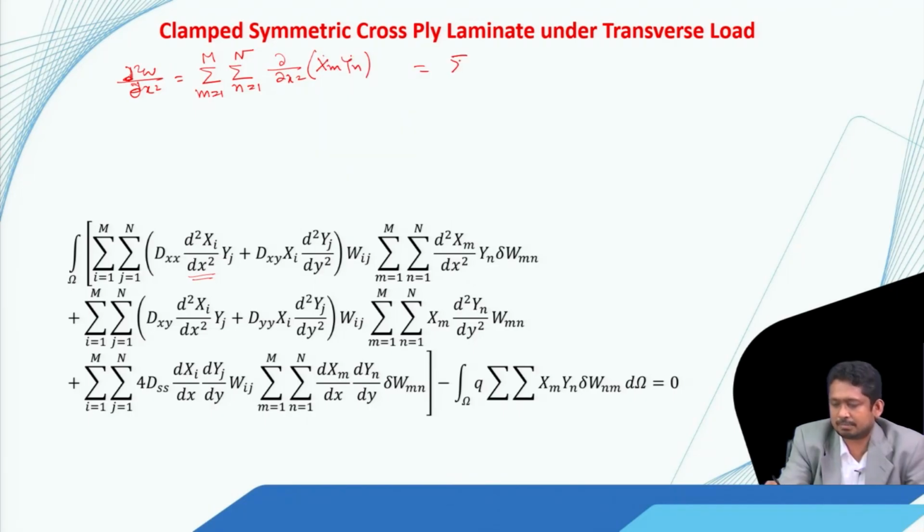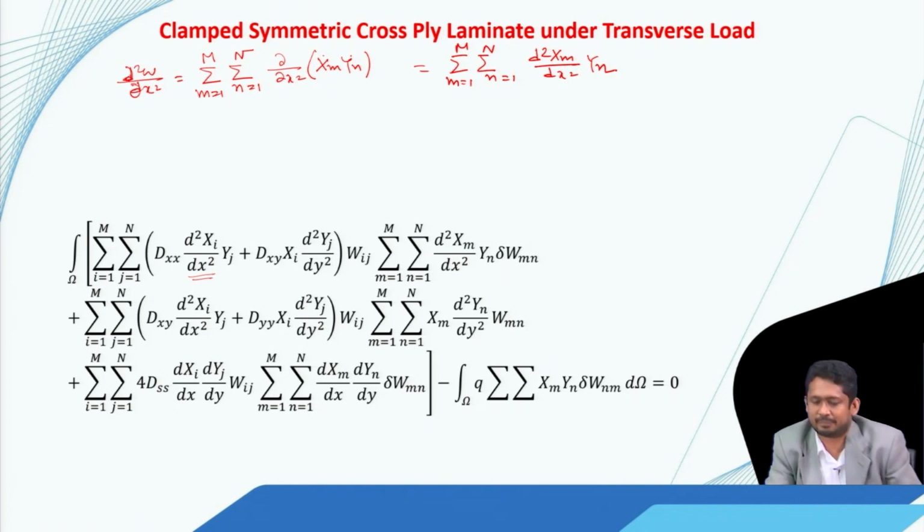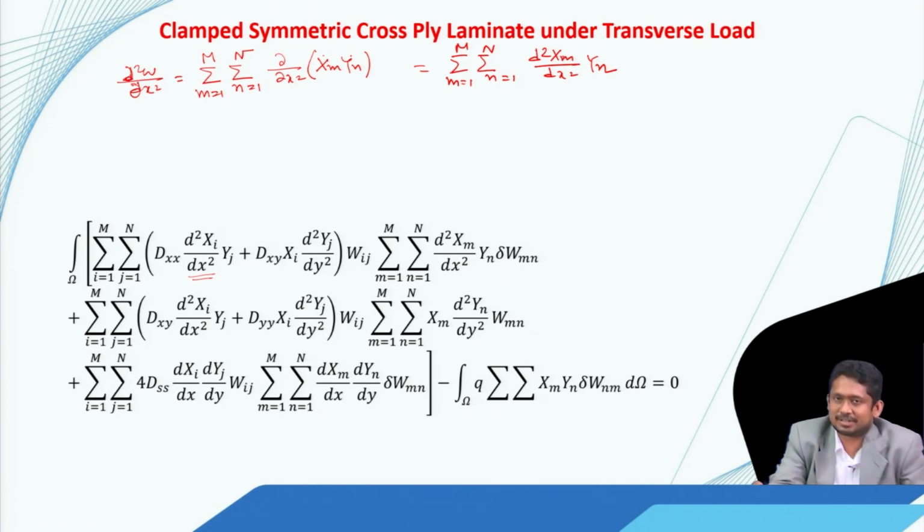So, we write summation n equal to 1 to N, m equal to 1 to M, then we have d 2 X m by d x 2 multiplied by Y n. Now, because X is a function of only small x, we are writing it as d, not as del, and then w m n remains as it is.